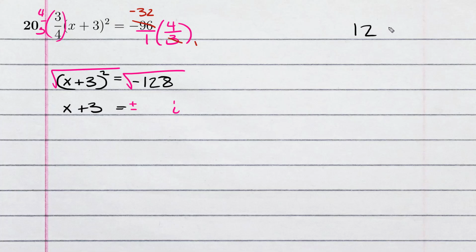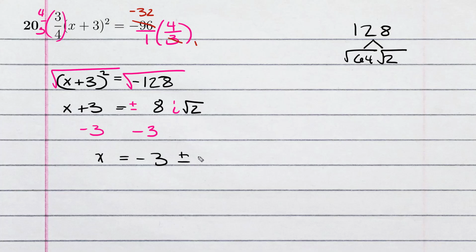The largest perfect square that can divide into 128 is 64 times 2. The square root of 64 is 8, and the square root of 2 is the square root of 2. Now I take the negative 3 and move it over to the right-hand side by subtracting. And I have x is equal to negative 3 plus or minus 8i square root of 2.